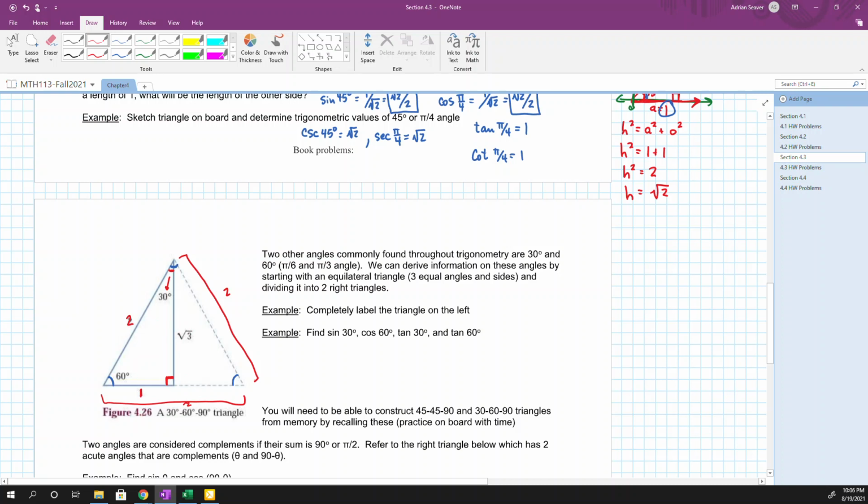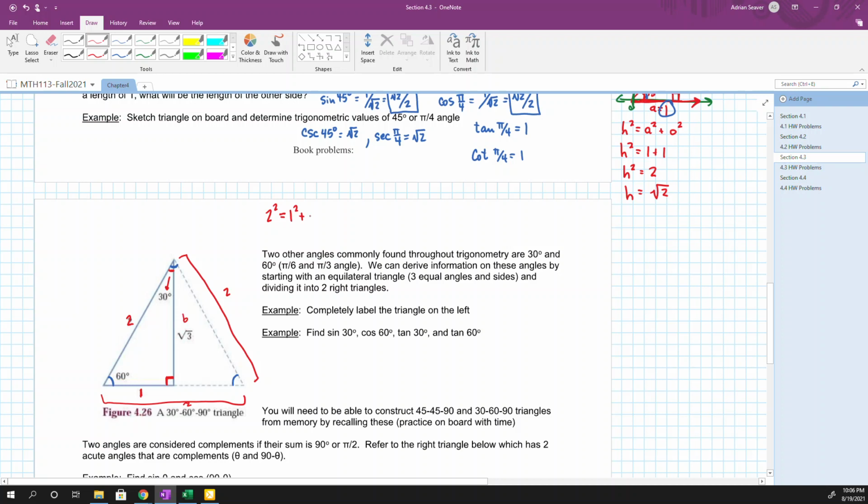My hypotenuse, opposite this 90-degree angle, is 2. So I would have 2 squared equals 1 squared plus, and we're going to use 60 degrees here, so I'll label this for now as B, whatever.